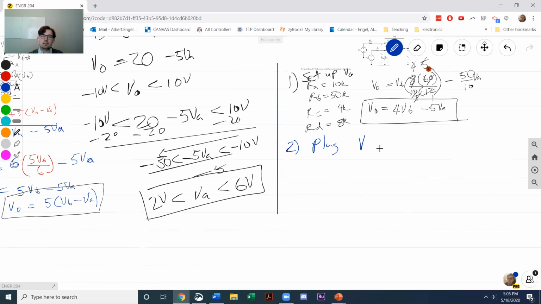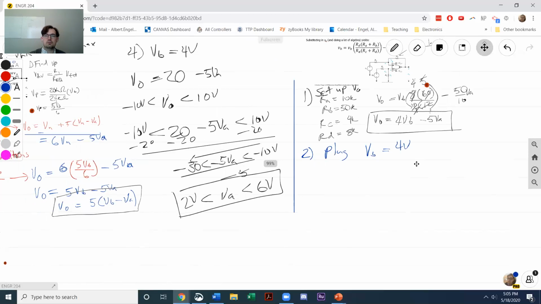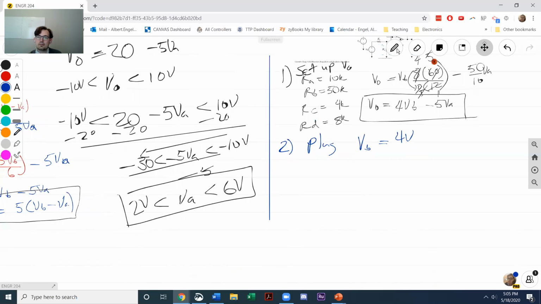And remember, VB in this case was 4 volts, right? Going back, that's 4 volts, same as the last example. So plugging that in, we know that V naught looks like 16 minus 5 times VA.